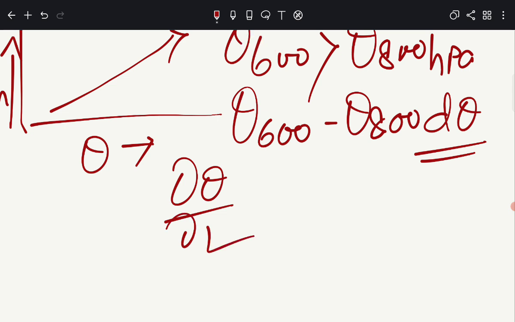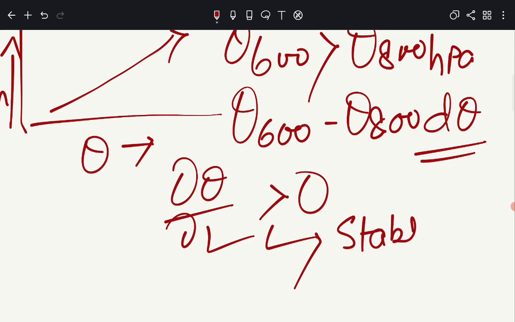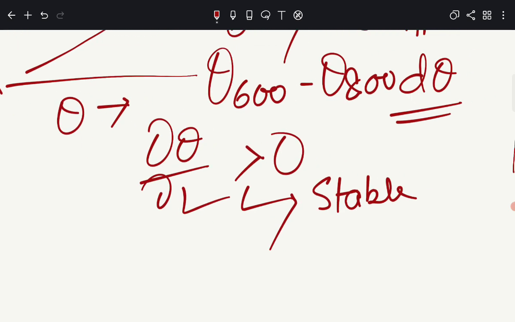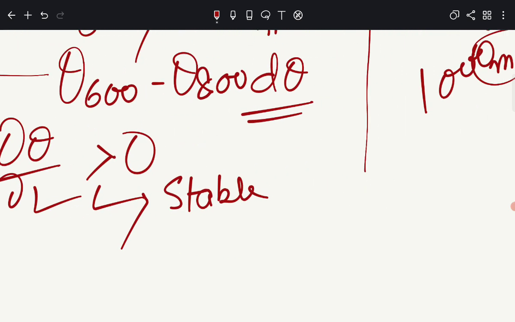With increasing height, theta also increases. This is the normal convention: d theta by dz should be greater than 0, that means it increases. This is the condition for a stable atmosphere. But in an unstable atmosphere, it will reverse.